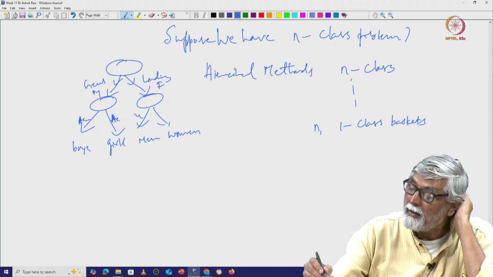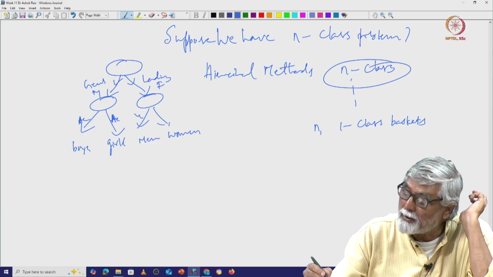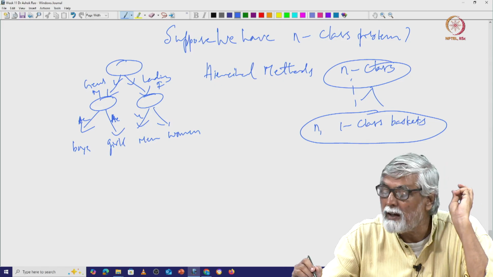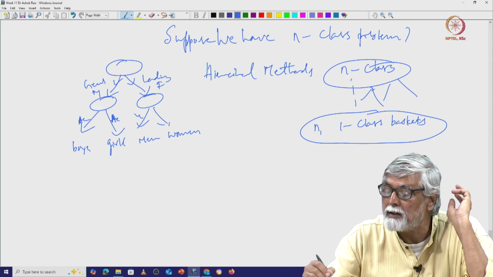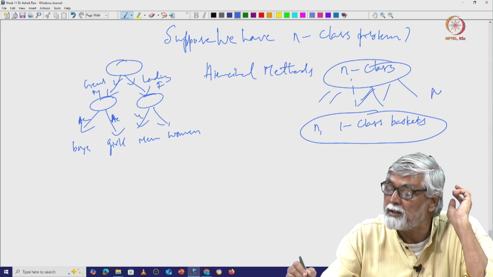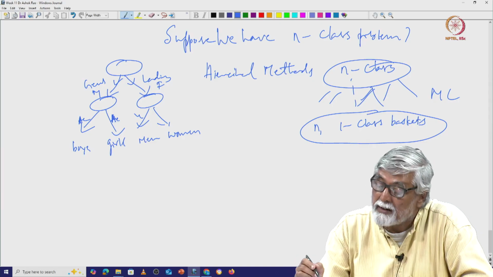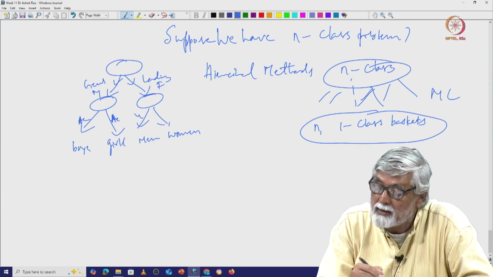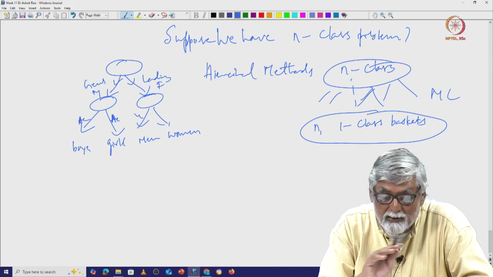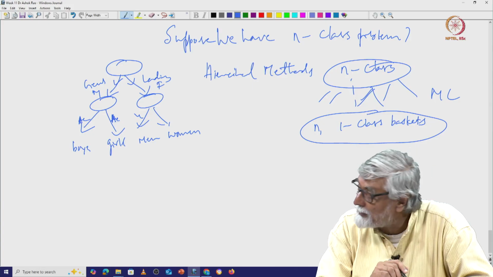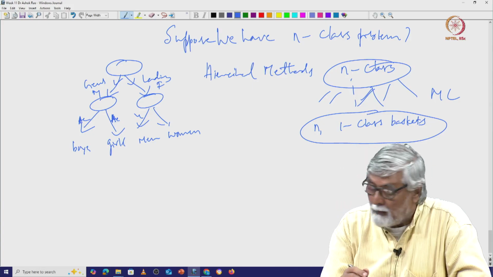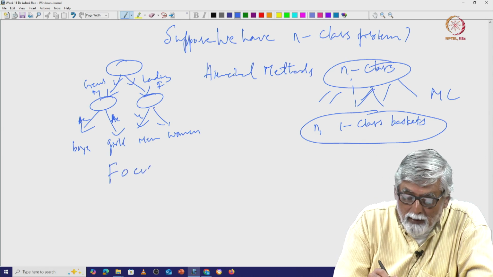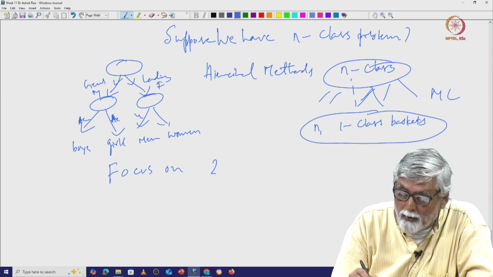So, given an n class problem, you can still continue to do this and break it. So, very rarely we attempt direct separation into n class, particularly in machine learning. It is a very challenging problem, and many times it is much easier to do this, more stable solutions, etc. Okay. So, the learning focus will be on two class problems.